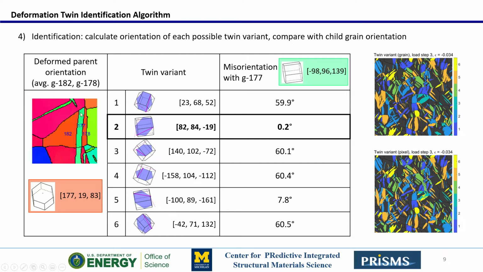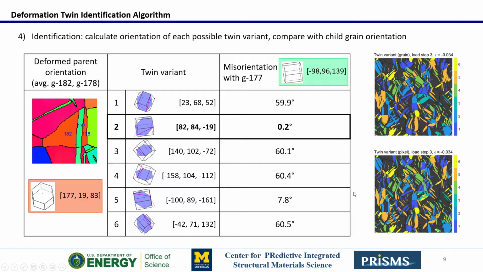This was performed on the grain level, so this whole child grain 177. We can also perform similar analysis on each pixel in this child grain. Because of the variance of pixel orientation, the results can be slightly different. So we end up with this type of identification map. On these maps, each twin variant is labeled using a different color. So overall, this is the identification algorithm.